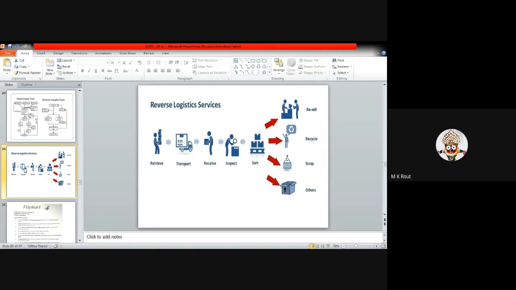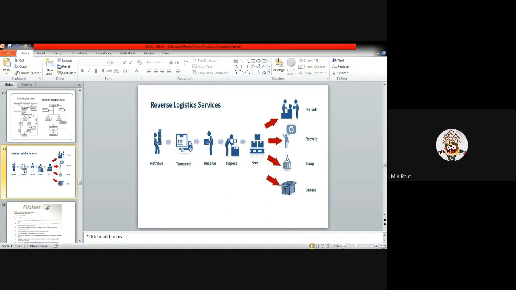It is under the retry process when they directly stake or compound this particular damaged product. By use of reverse transport, it should reach the nearest hub. After receiving the product, it is under quality checks. They go for quality check and scanning the product, and after that they go for sorting this particular thing.